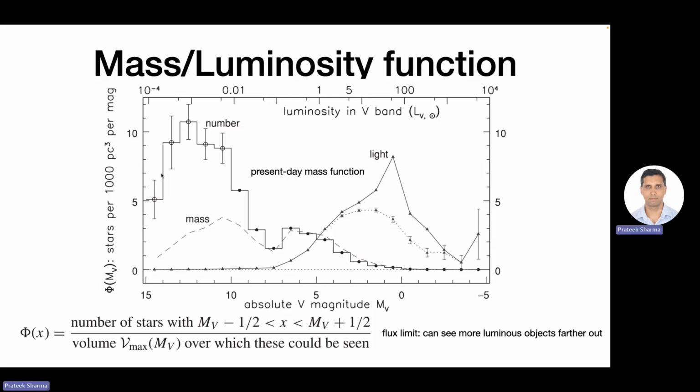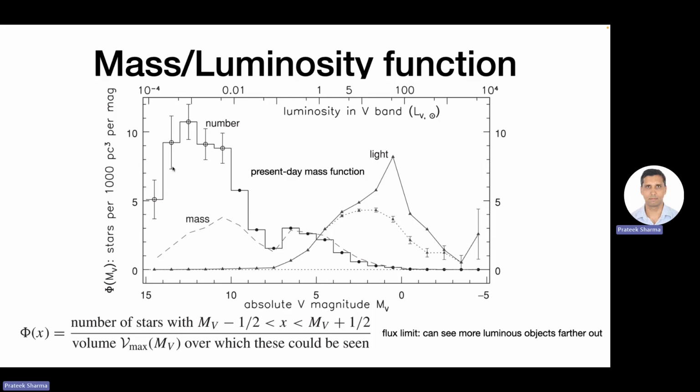So these are the data points, say per 1000 parsec cube per magnitude. You look at a 10 parsec by 10 parsec by 10 parsec cube around the sun, look at the spectra of all the stars, and ask what their luminosity is in the V band, or their absolute magnitude in the V band, and make these bins.